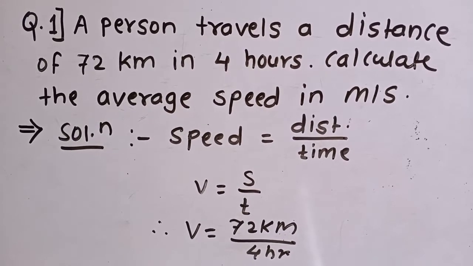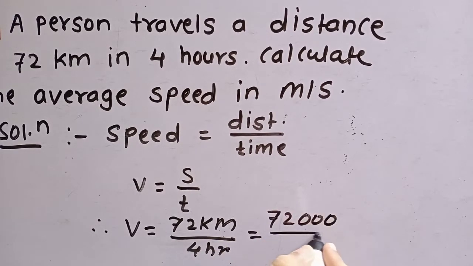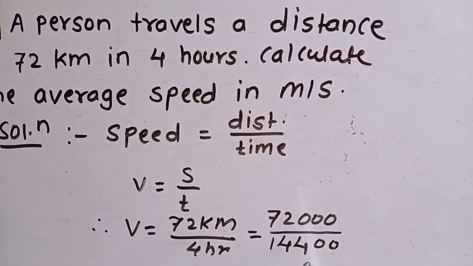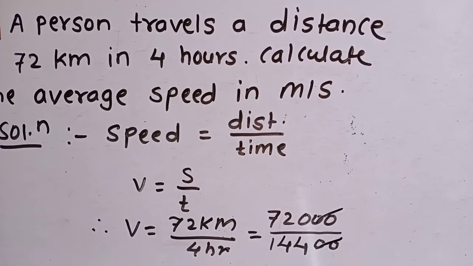So how to convert? 72 kilometer means how many meters? 72,000 meters upon, convert this hour into seconds. So 4 hours is these many seconds. So cancel these two zeros: 720 upon 144.